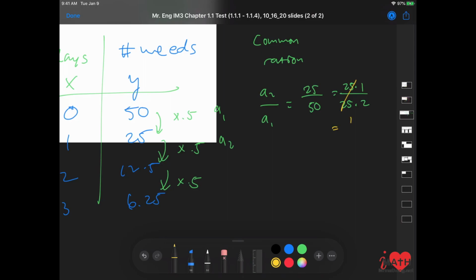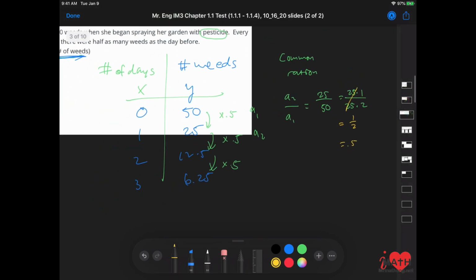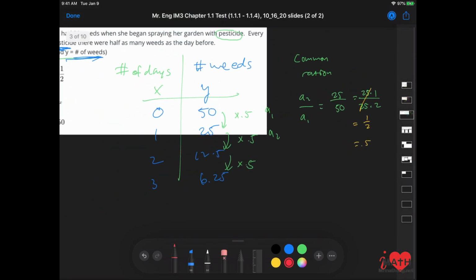So you're left with 1/2, and 1/2 is 0.5. Okay, since we're multiplying here, this is our common ratio, which basically means that it is exponential.